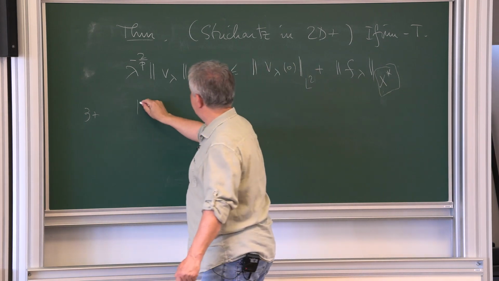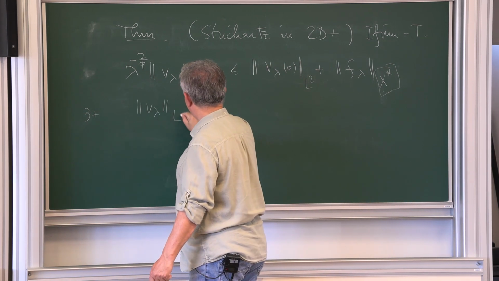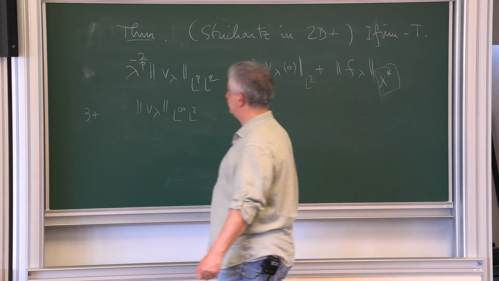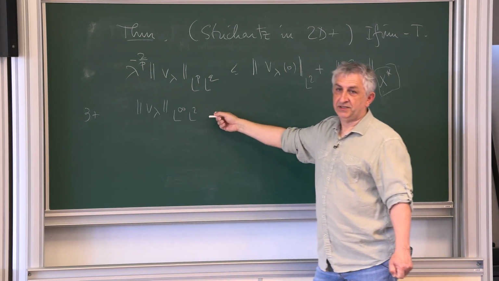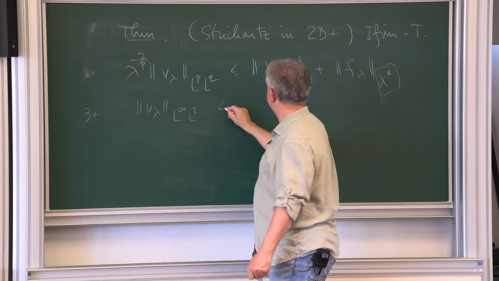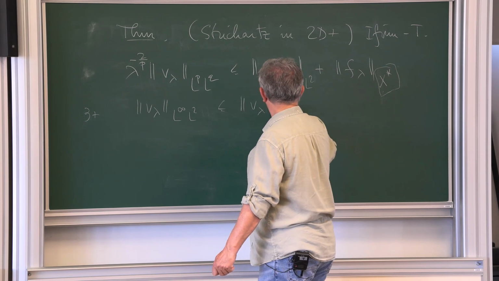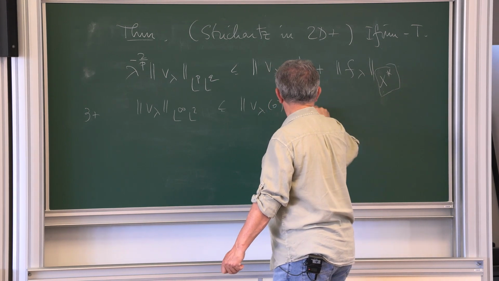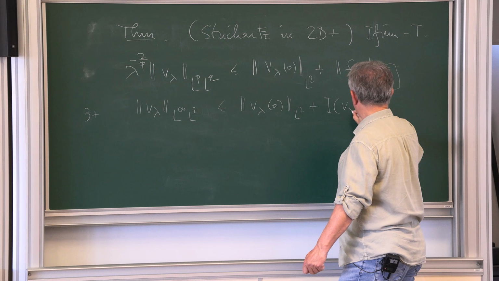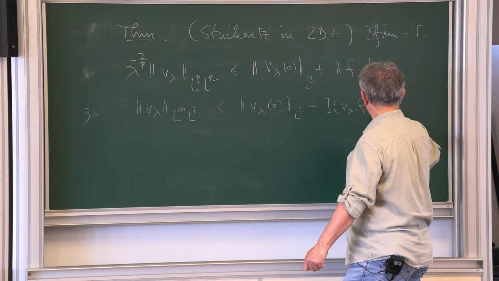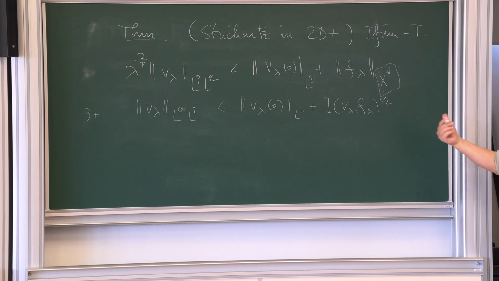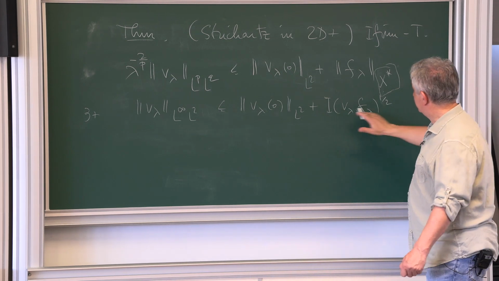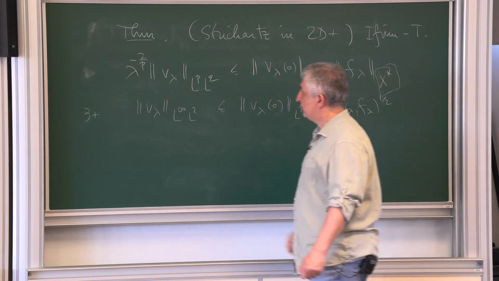I need to estimate norm of V lambda in the energy space, L infinity L2, and that does not have a loss of derivatives. And this is integration by parts. This is smaller than norm of V lambda of 0 in L2 plus I of V lambda F lambda power 1/2. The computation we did before, that was the motivation for introducing this quantity.